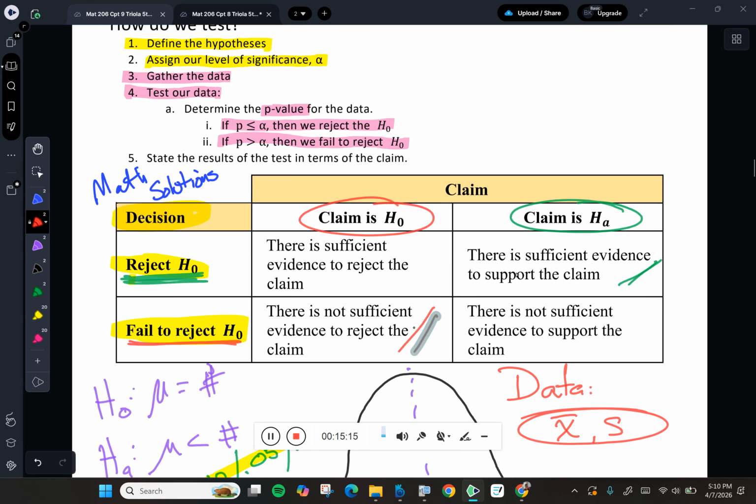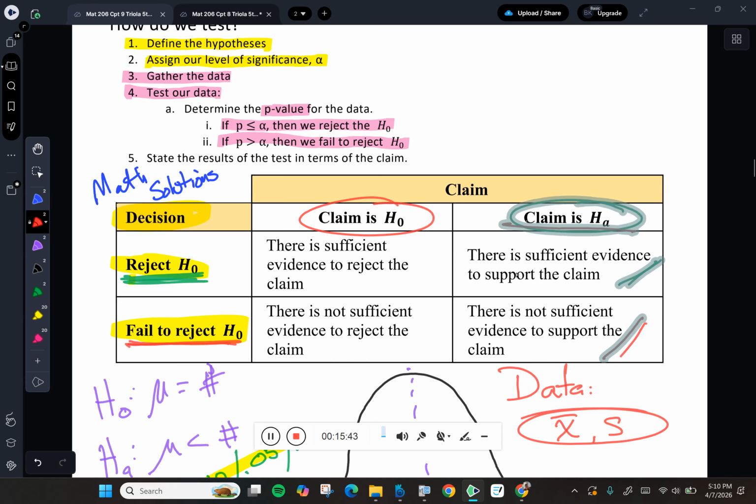If the math says to reject the null hypothesis and the claim is the alternative, then we would say there is not enough evidence to support the claim. Okay. So these four statements here are going to represent every solution that we make, every final answer that we make to a hypothesis test.